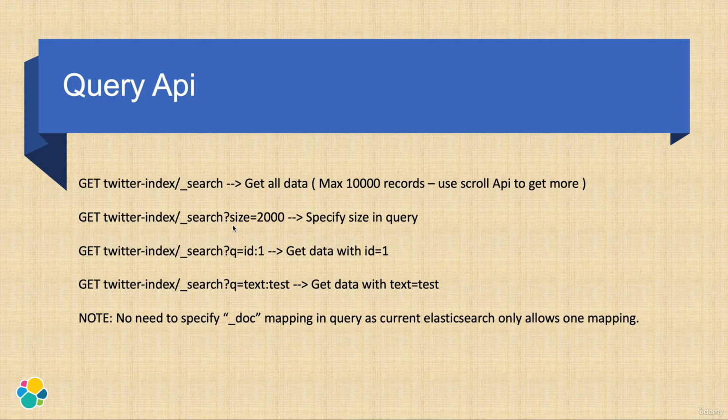If you want to get more than 10,000 records, you can change the size to increase this maximum value. However, it is wise to use the scroll API to get that much data because it will load a lot of data and create pressure on the memory.